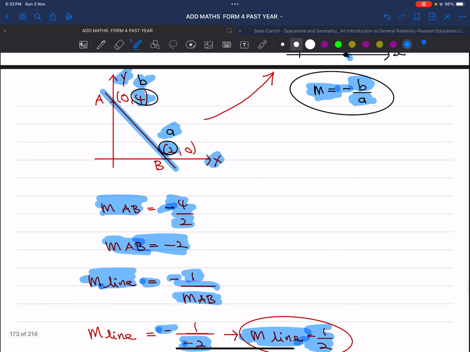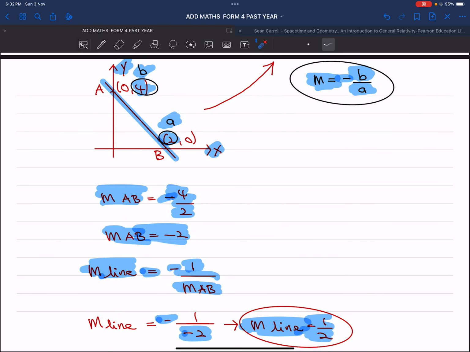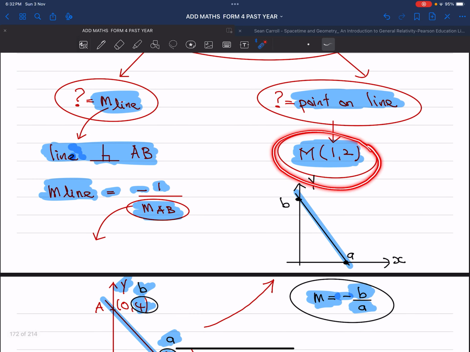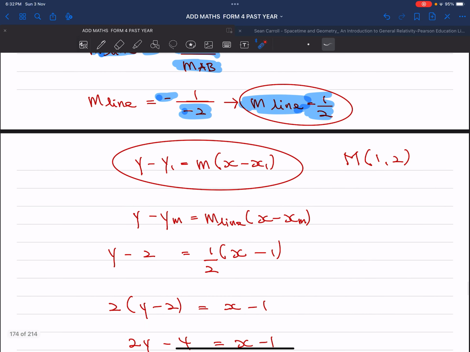Next, we have already established the gradient of the line and also the point on the line. Our next step is to use the formula for a straight line. The formula is y minus y1 equals m times (x minus x1). Here, x1 and y1 are the x coordinate and y coordinate of the midpoint, which I have already written here for simplicity.